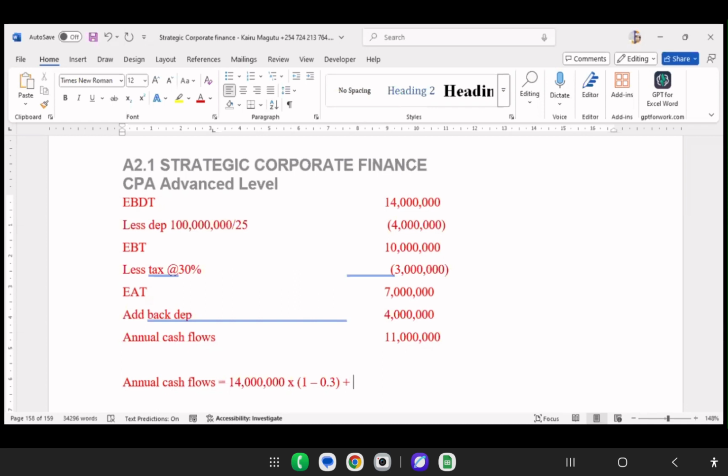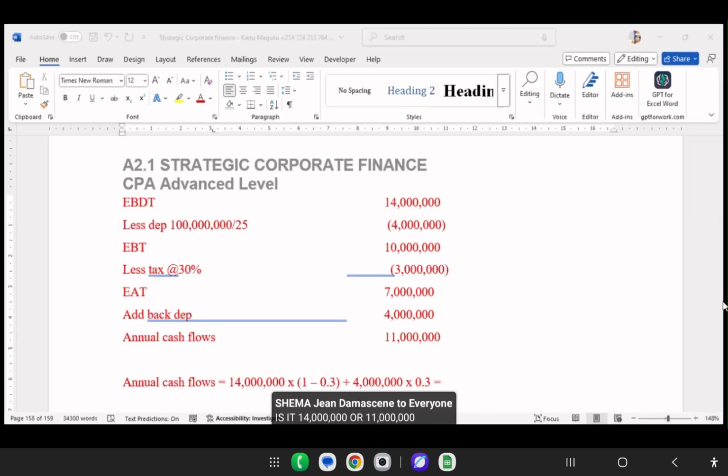The depreciation is 4 million, multiplied by the tax rate. Okay, can someone confirm this: 14 million multiplied by 1 minus 0.3 plus depreciation tax shield. Someone give me the answer to that, we see whether it is the same.